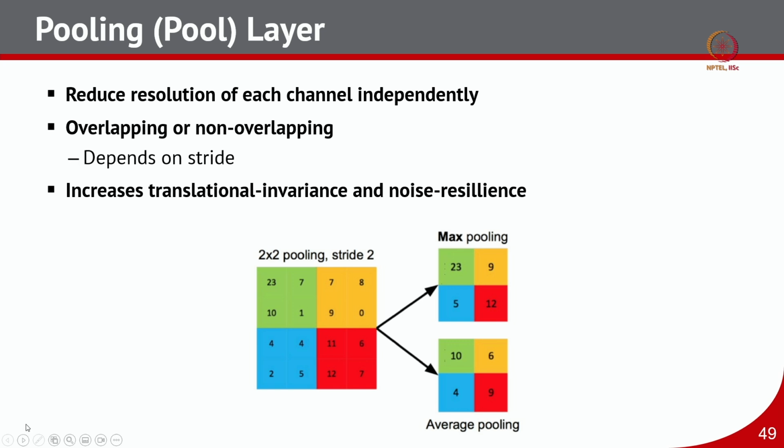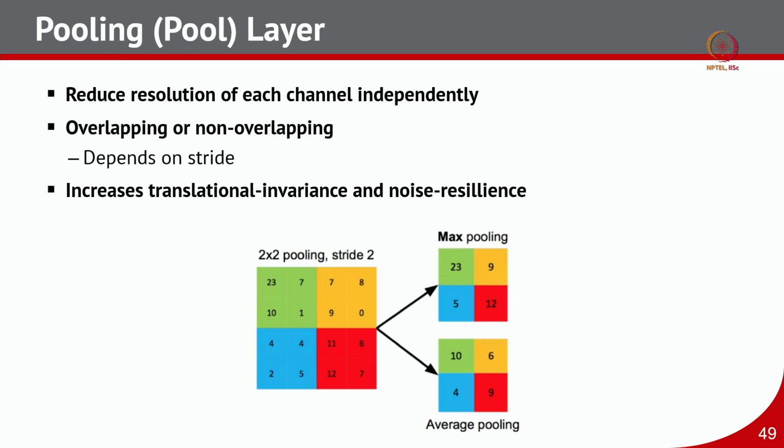Now, apart from ReLU or sigmoid or those nonlinear operations, there is one very useful and commonly used nonlinear operation, which is pooling. In short, they are called pool layers. This pool layer or pooling operation is performed to reduce the resolution of each channel independently.